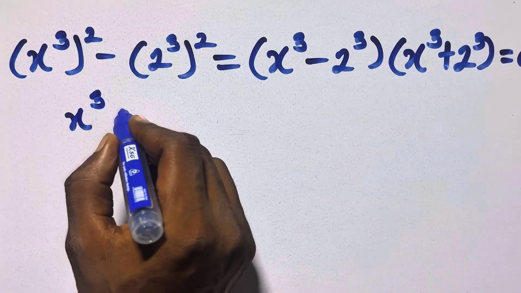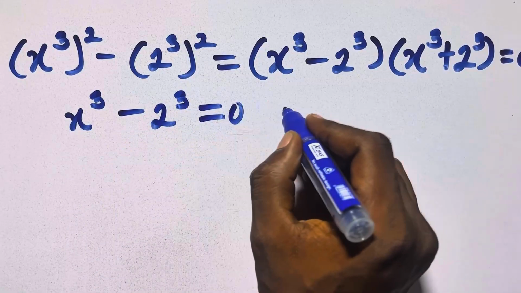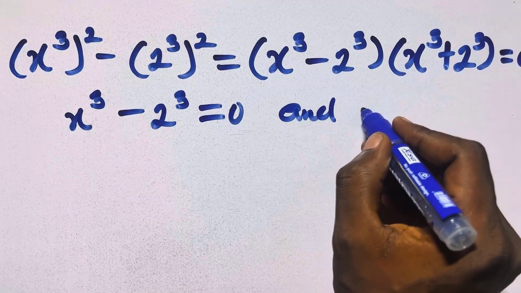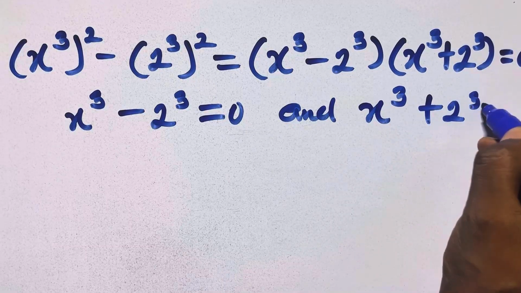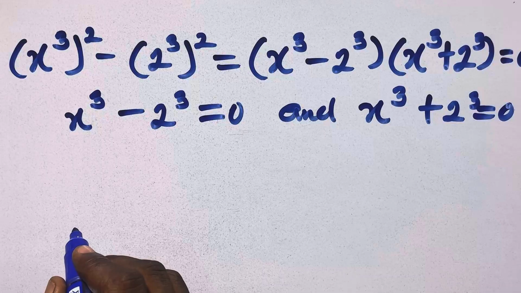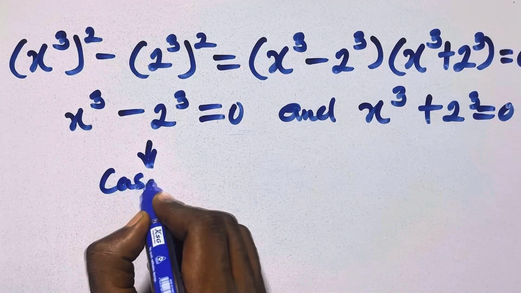So we have x raised to the power 3 minus 2 raised to the power 3 equals 0, and for the other one, x raised to the power 3 plus 2 raised to the power 3 equals 0.